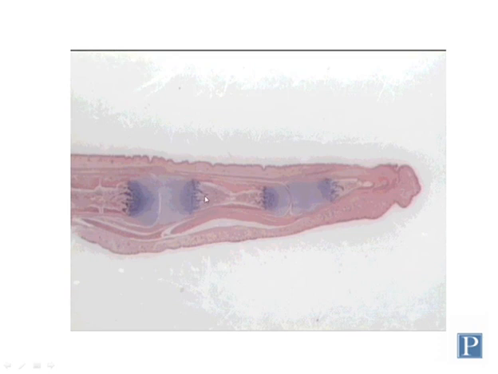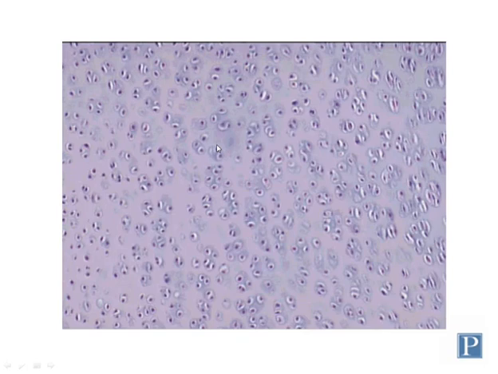There are different zones of endochondral development that you need to be able to identify. This is a section of hyaline cartilage at the epiphysis of the bone, and this is often referred to as the zone of reserve cartilage. This is essentially just normal mature hyaline cartilage.